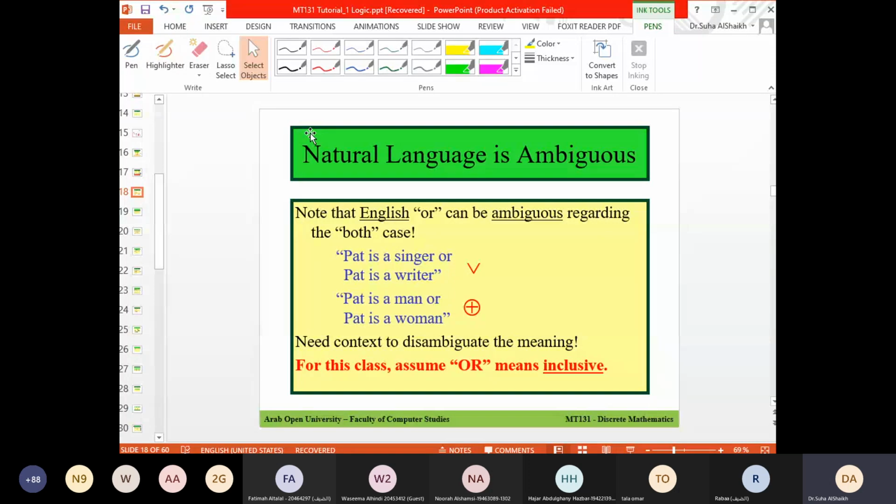Exactly, if all are wrong or all are right, it's going to be false. For example, when I say to you, Bat is a singer or Bat is a writer. Bat is a person's name. Can he be a singer and a writer at the same time?